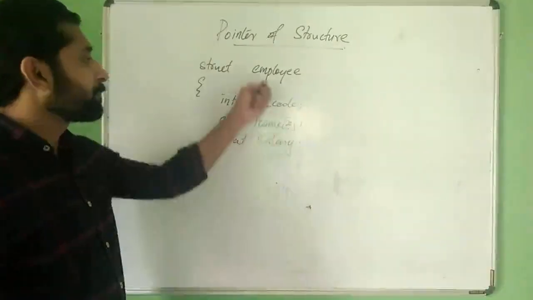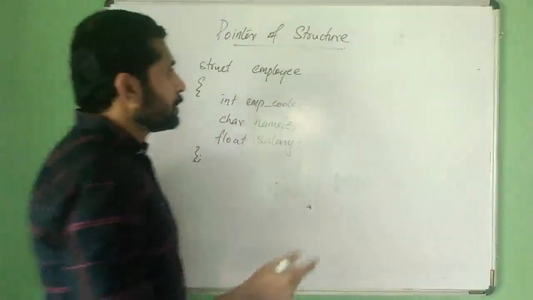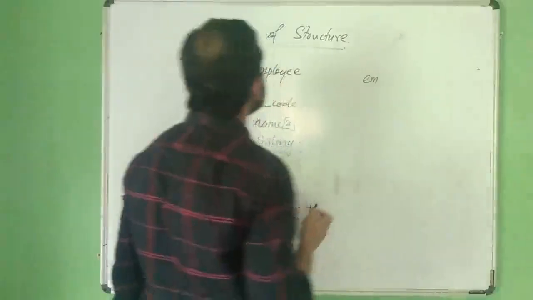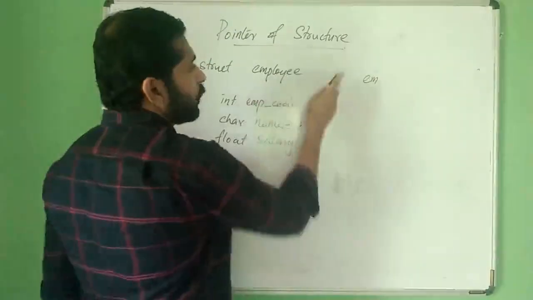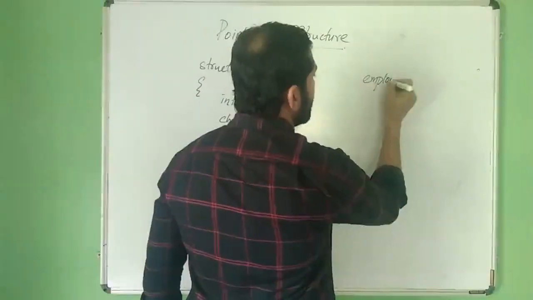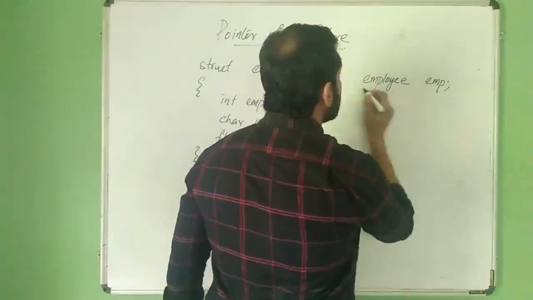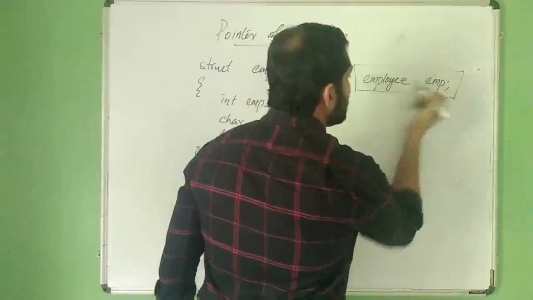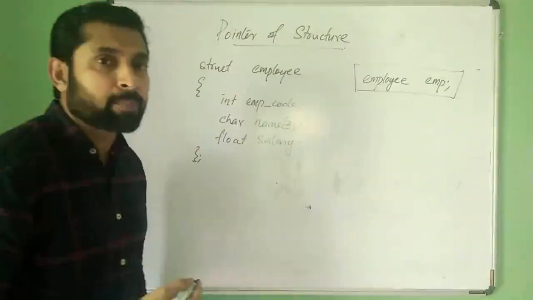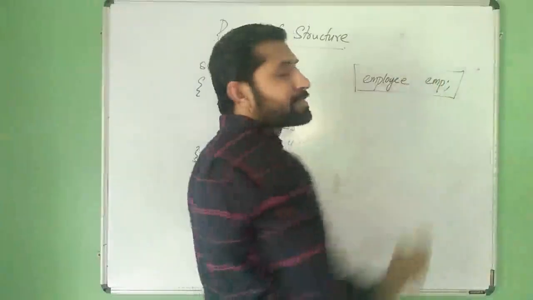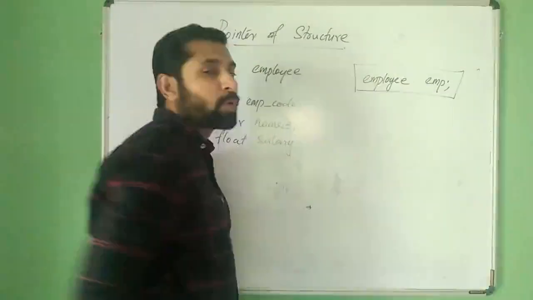This is a structure. We can create a variable of this: employee emp. EMP is a variable of type employee. Now we can create a pointer of this type, pointer of employee type.